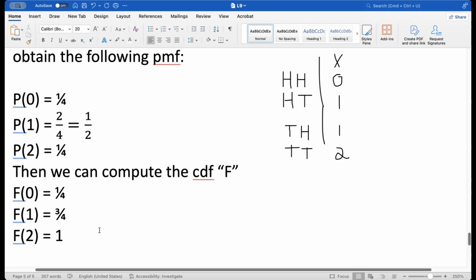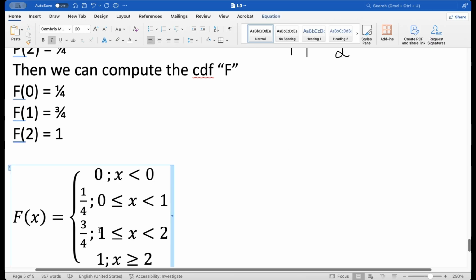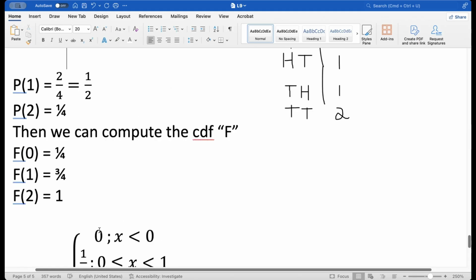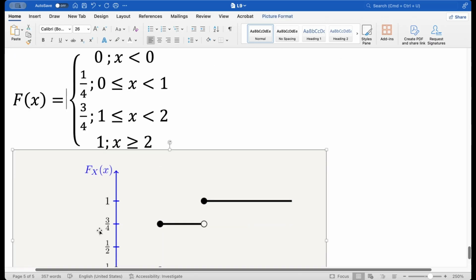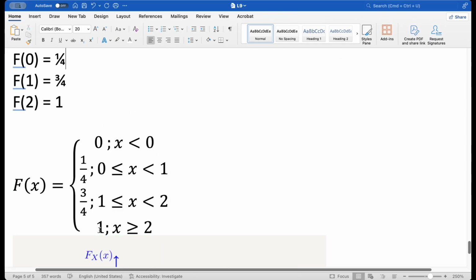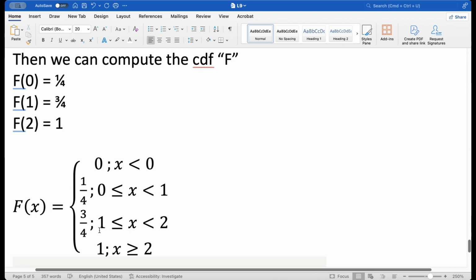So summarizing this in a piecewise function, for anything lower than 0, the probability is 0. It's impossible to have less than 0 tails. So that is 0. Then when we hit 0, the probability was a quarter, and then it stays that way until we hit 1, when it jumped up to 3/4.